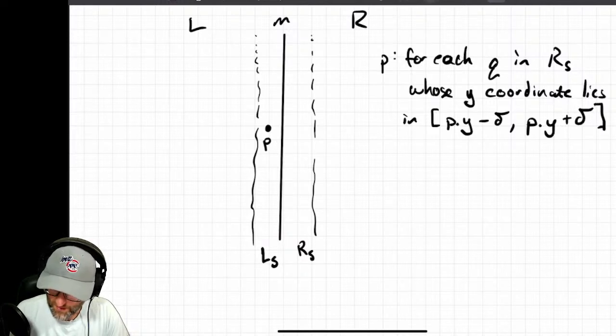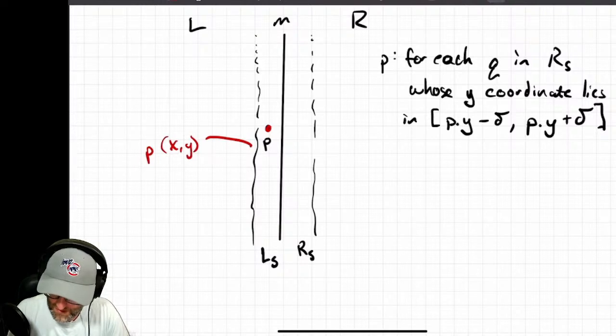What does that look like? I'm going to switch colors here. Here's P. It has values x and y. So I'm looking at its y value right here. And now I only need to look at things in the right slice that are delta distance up and delta distance down.